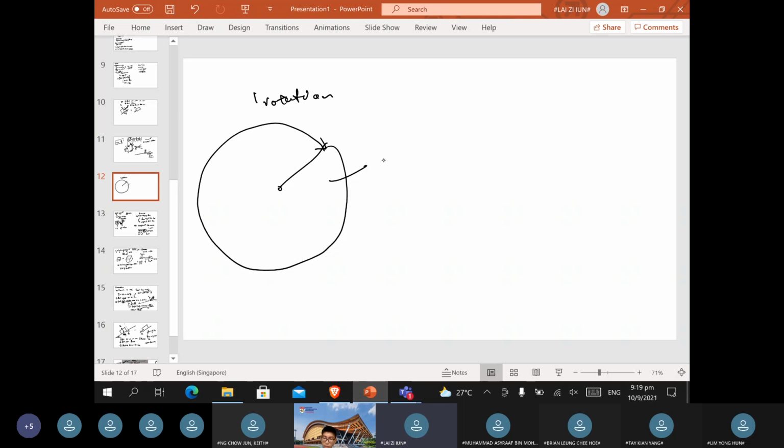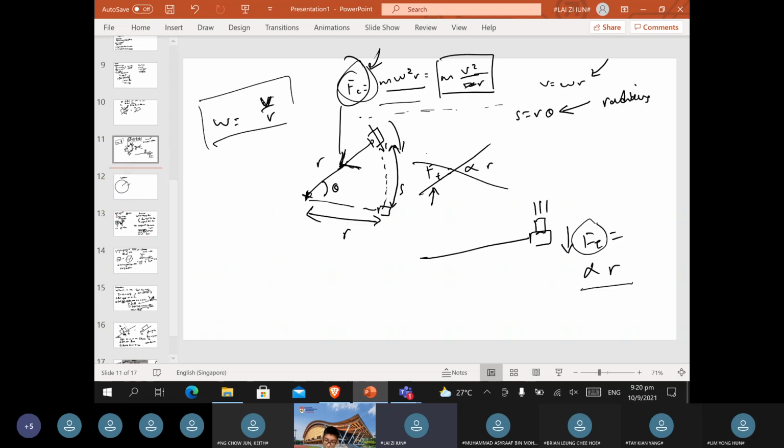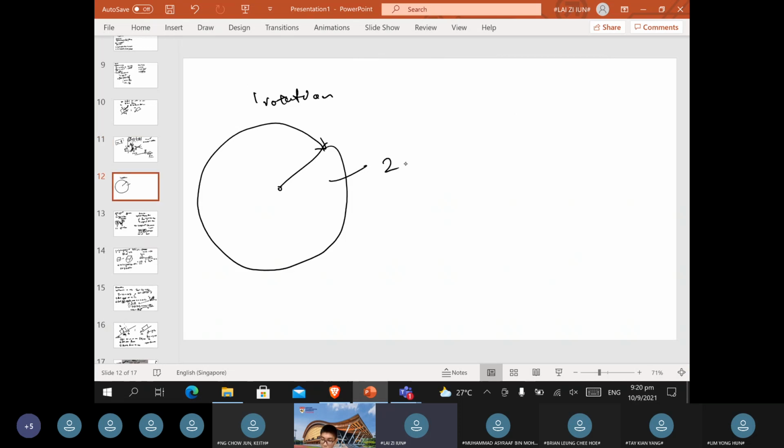And one round around the circle is how many radians? What is your S? The S is the displacement, the distance travelled. So S is equal to R theta. And yes, correct, one rotation is 2 pi radians.